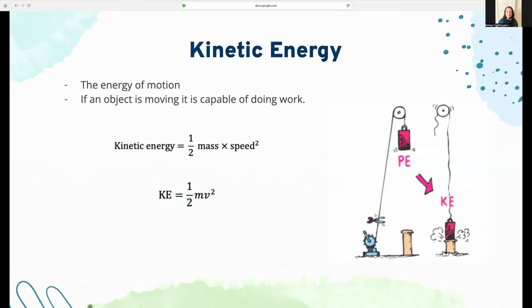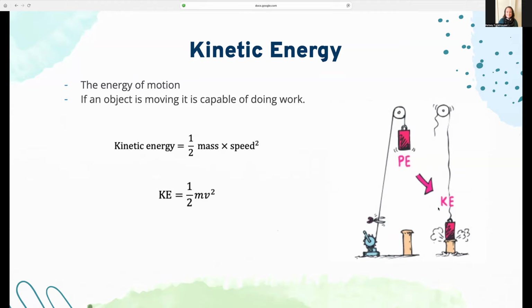So here's an example of an object that is lifted. The example is here on the side. An object that is lifted, giving it gravitational potential energy. So it's pulled up to some height above the ground. That gives it potential energy, gravitational potential energy.